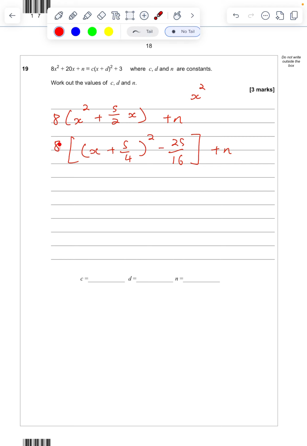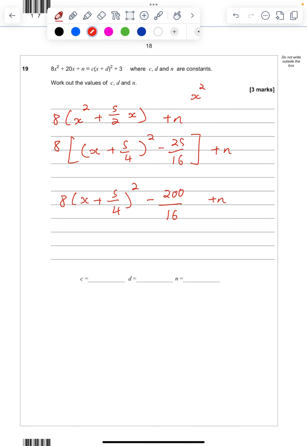Now you just go and distribute out the 8 to the bracket and 8 to the fraction over here. So you can write this as 8 lots of the x plus 5 over 4 squared. And then 8 times by minus 25 is going to be minus 200 over the 16, and you've got the plus n on the end. Now this part here, you can simplify it.